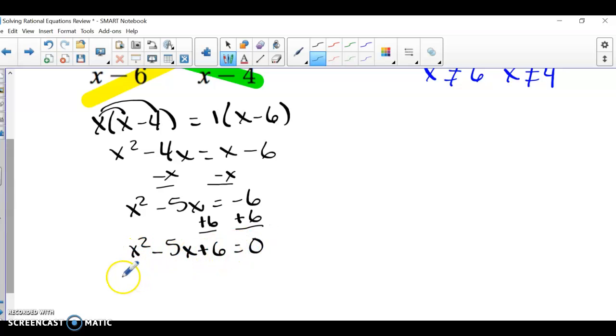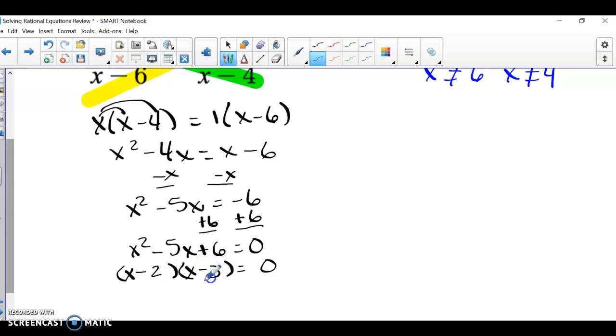There's no GCF that I can take out, so I'm going to factor into my two parentheses. Only factors of x squared are x and x. This means that both signs will be the same. That's the only way you can multiply and get a positive answer. So I look over here, so both signs in my parentheses will be negative. What can I multiply to get 6, that when I add those same numbers, I get a negative 5?